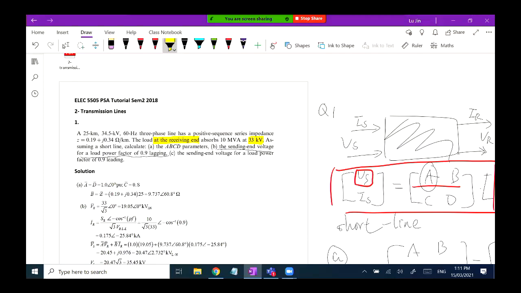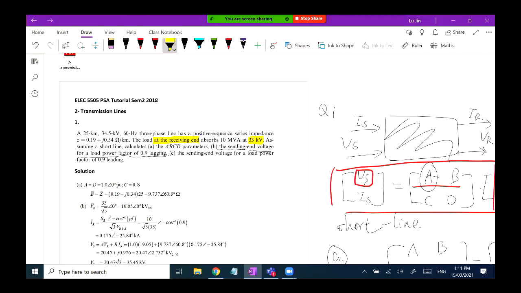But in the ABCD model, when you calculate, VR and IR should be vectors rather than magnitudes. Then what is the angle for the VR vector? Why 0? Very good. Last week, in all the lecture examples we mentioned, VR, the receiving end voltage, is always used as the reference, and for this reference the angle is by default assumed to be 0.